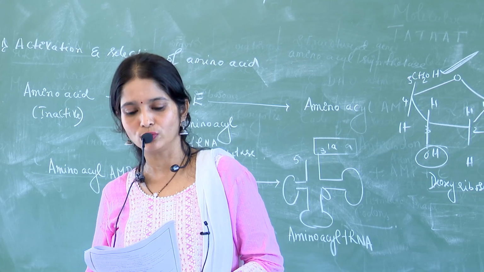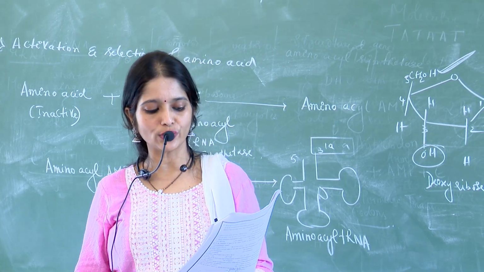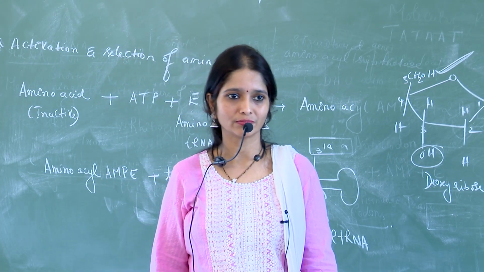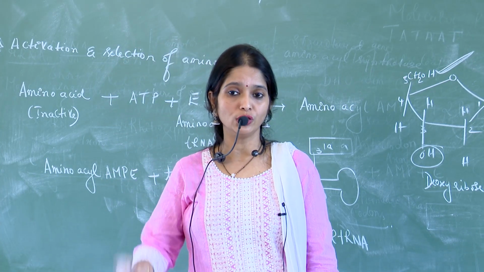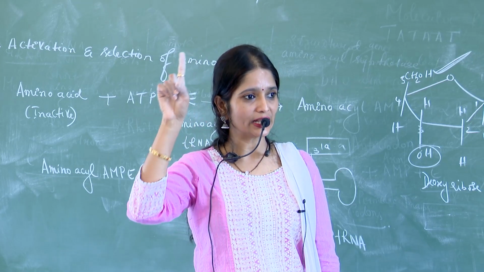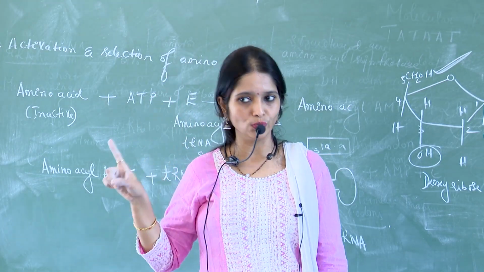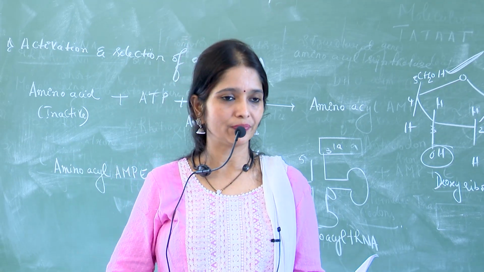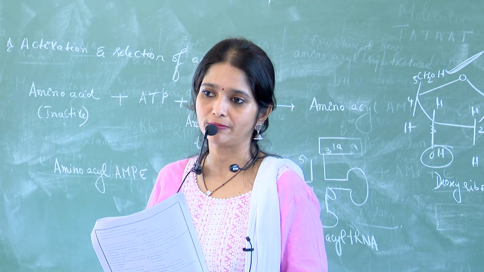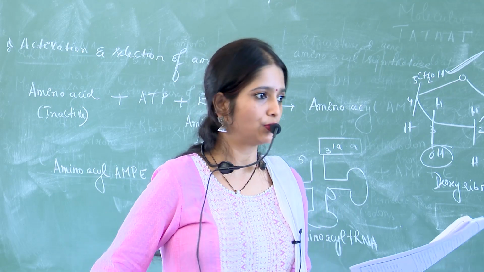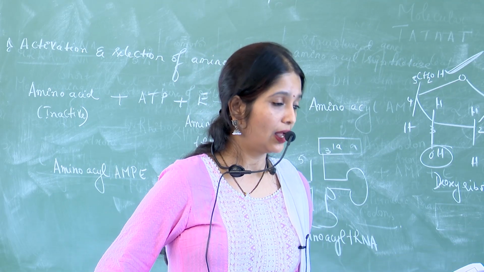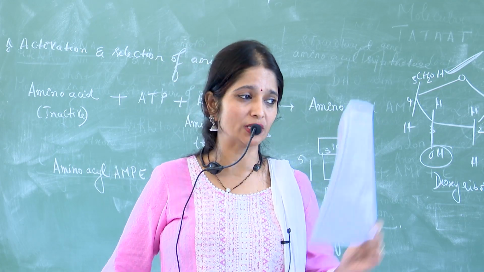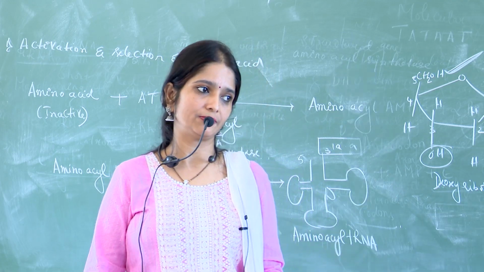Non-overlapping, degenerate, universal. What is degenerate, students? More than one codon for one amino acid. Non-ambiguous means they are highly specific. What does AUG produce? Methionine, and throughout life it produces only methionine. So it is highly specific.